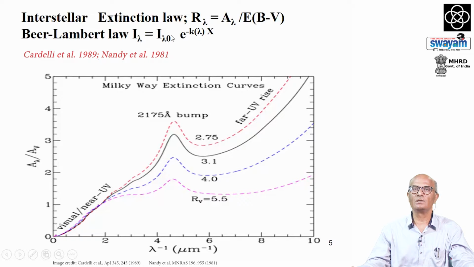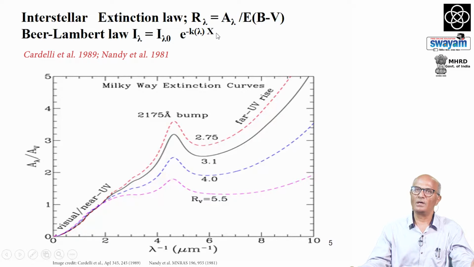Both these numbers are related by this expression, derived using Beer-Lambert's law. And this k lambda, which we call the attenuation coefficient, is a function of wavelength, and x is the interstellar matter which is causing attenuation.